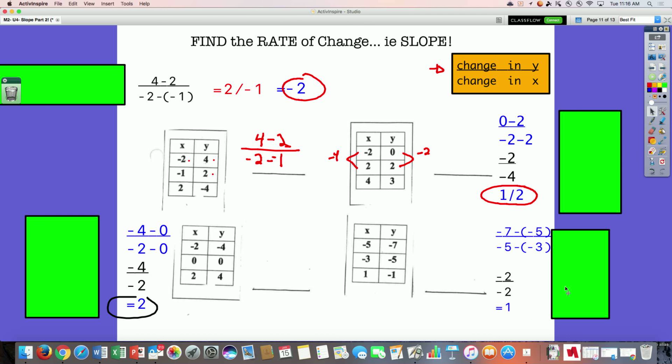You should already have it done. I got negative 5. So I took this number minus this number and this number minus this number. Negative 5 minus negative 7 over negative 5 minus negative 3. So I subtract this from that. I subtracted this from that. I get negative 2 over negative 2 equals 1.